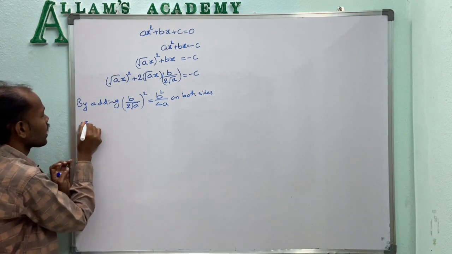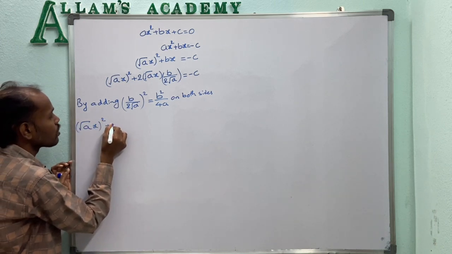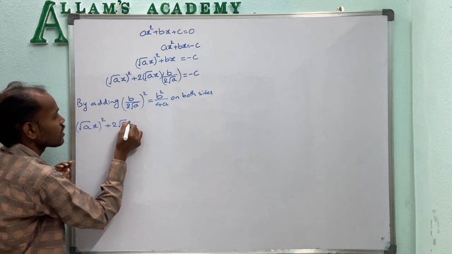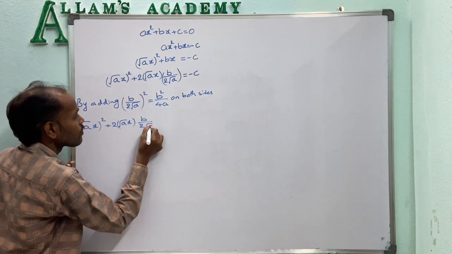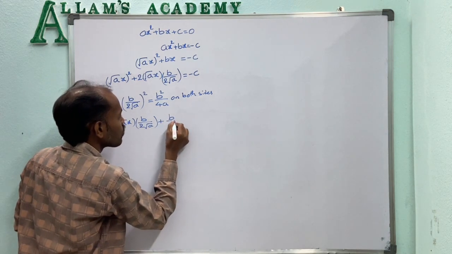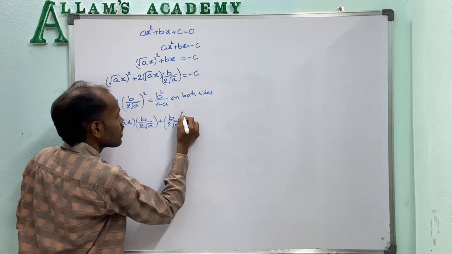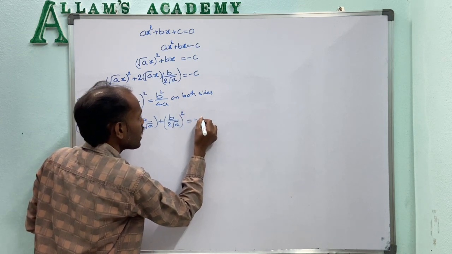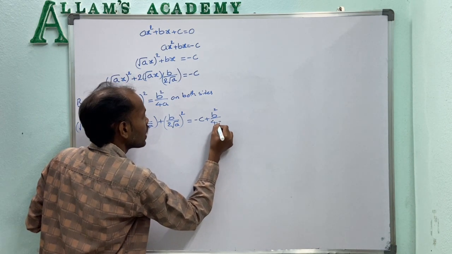That means now we can write root a x whole square plus 2 into root a x into b by 2 root a plus b by 2 root a whole square is equal to minus c plus b square by 4a.